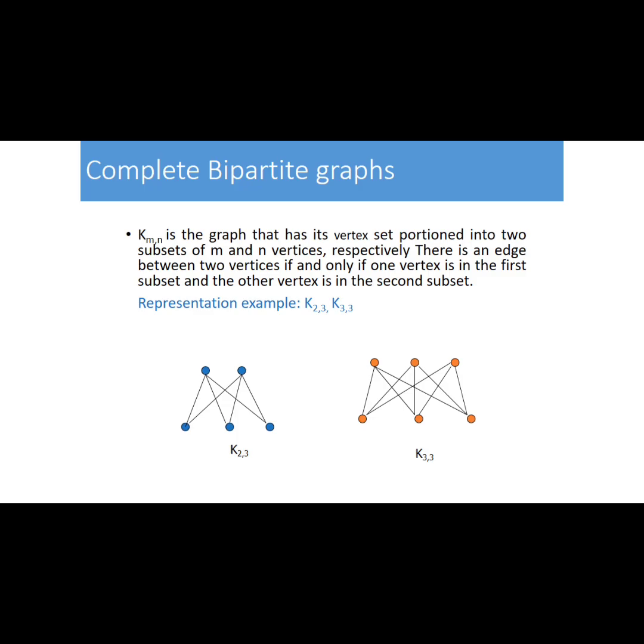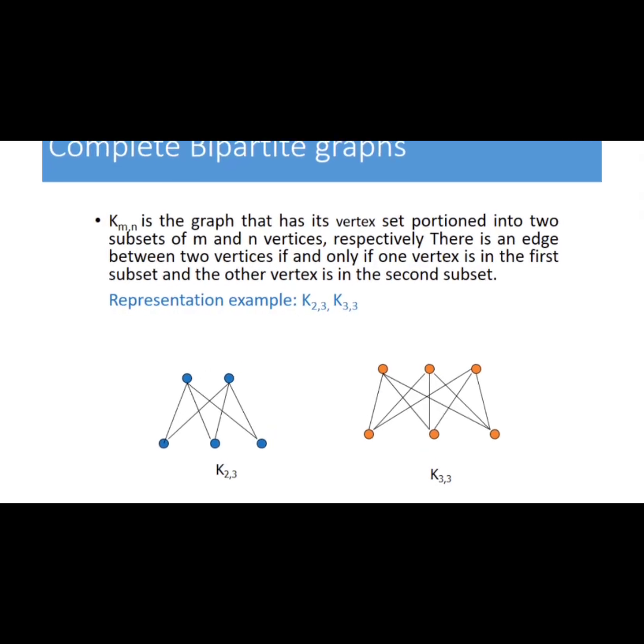Here K2,3 has totally 5 vertices. The first set V1 has 2 vertices and the second set has 3 vertices of V2. So each vertex of V1 is connected with all the vertices of V2, and each vertex is connected with all the vertices of the other set. K3,3 means that sets V1 and V2 both have 3 points.